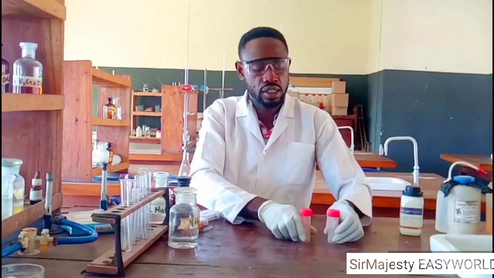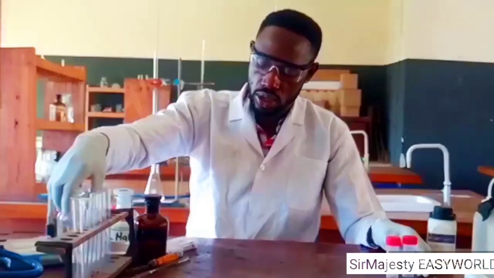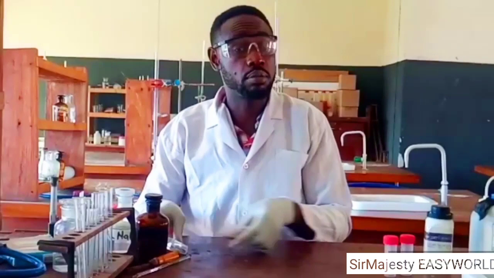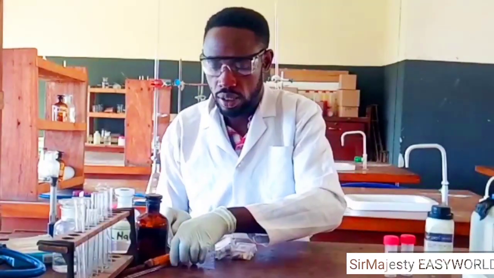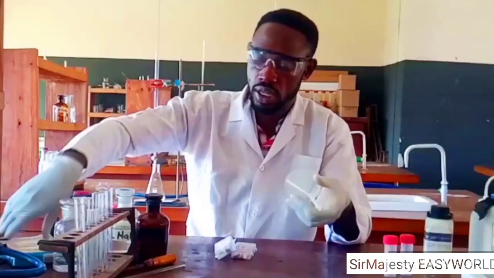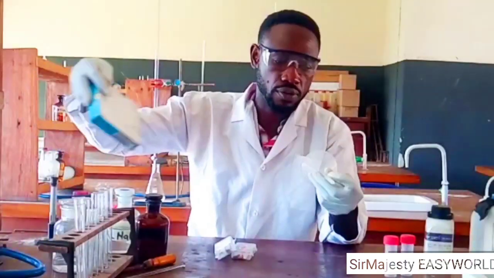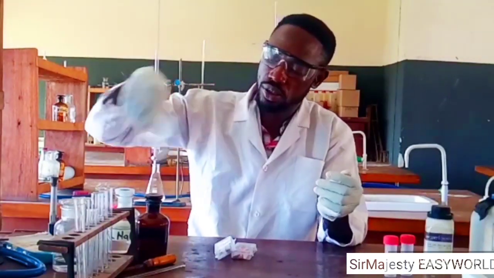So then let's take a look at what we require in this analysis. First, I have my litmus paper. We might be testing them with litmus. You have a glass rod to stir when needed. Then the filtration apparatus: here is my filtration funnel, Whatman filter paper, and here is the test tube where I filter into.